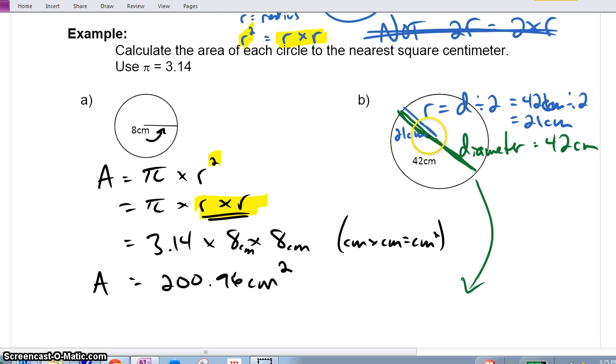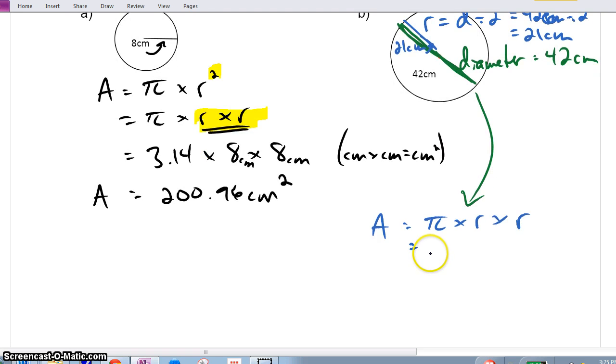So we'll use that in our formula. Pi times the radius again, which is that squared piece. 3.14 times 21 centimeters times 21 centimeters again gives us a total area of this next circle of 1,384.74 centimeters squared.